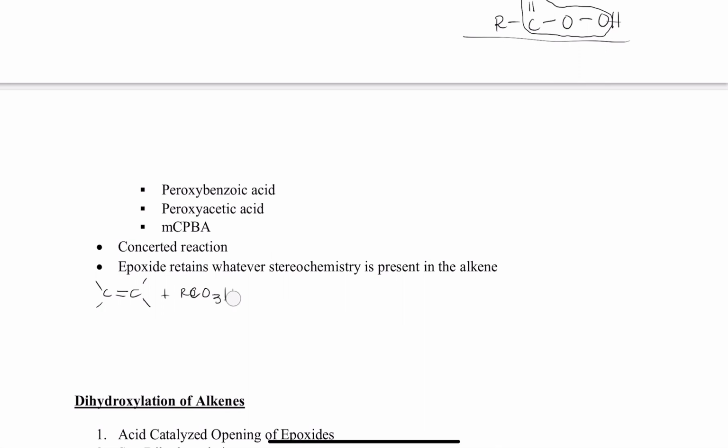Oh, let me draw that out actually. And then it will create an epoxide. We see our 3-membered cyclic ether. And then we'd have some type of carboxylic acid as our side product. Again, this is a concerted reaction. So all of the bonds are forming and breaking all at once.